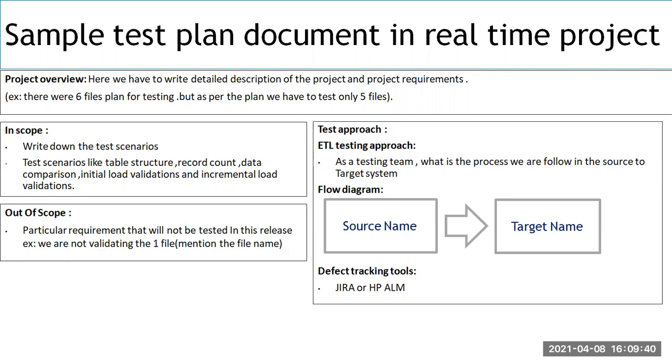Okay, let me tell a few test scenarios as an example. Count and data validation. It means record count validation and data comparison validation. Initial load validations, like again record count validation and duplicate record validation.